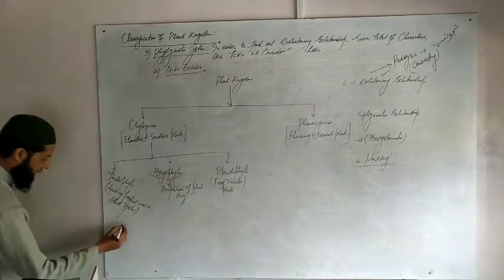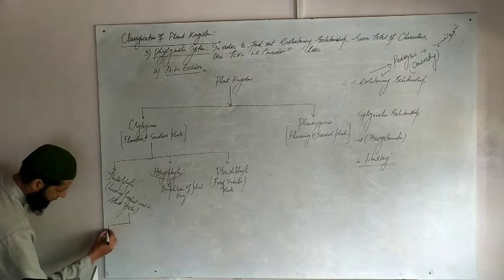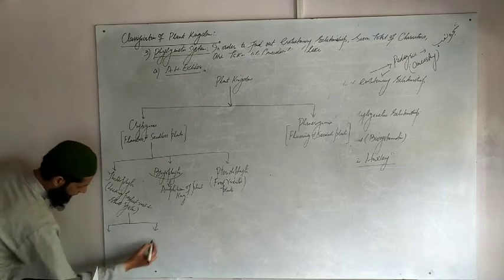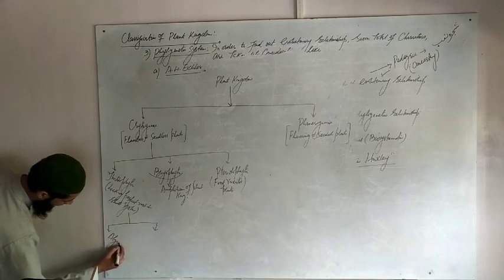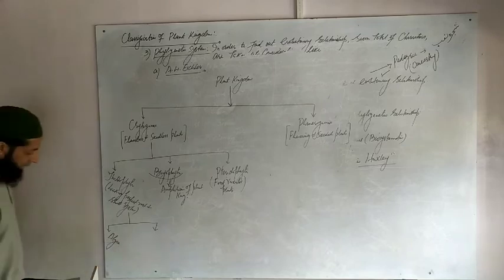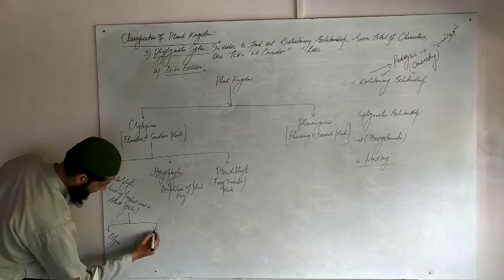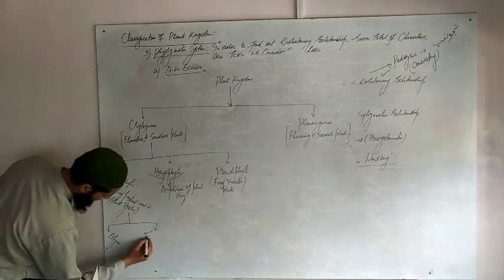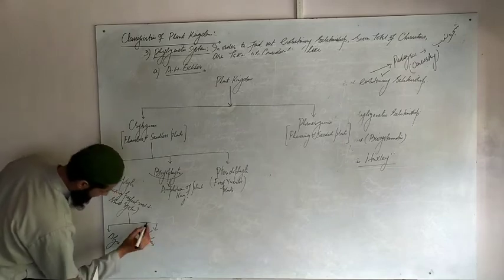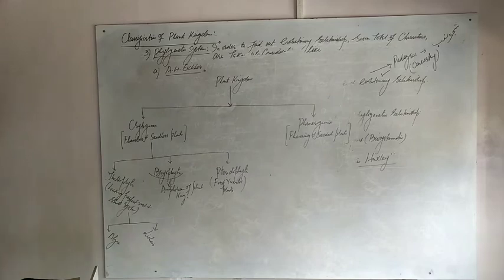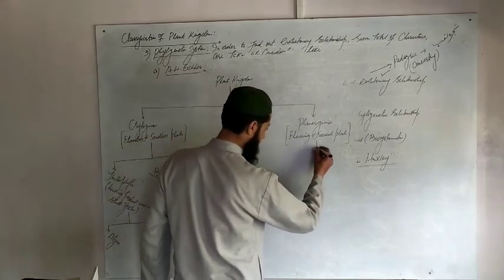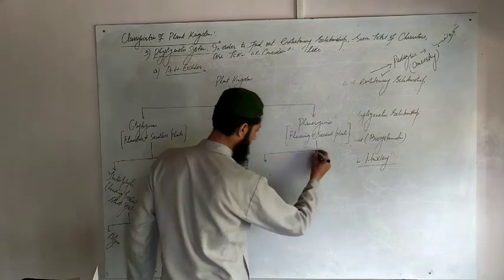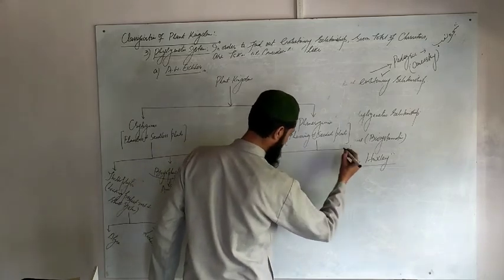Then this thallophyta is again divided into two types. One is algae and second one is lichens. And phanerogamy is divided into two types.